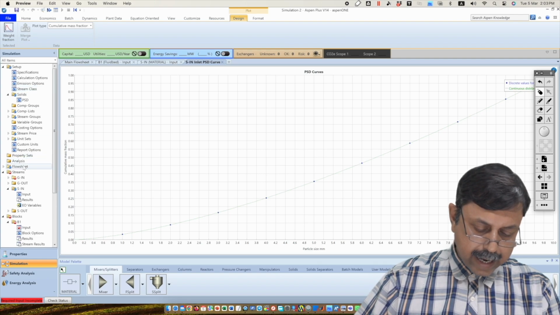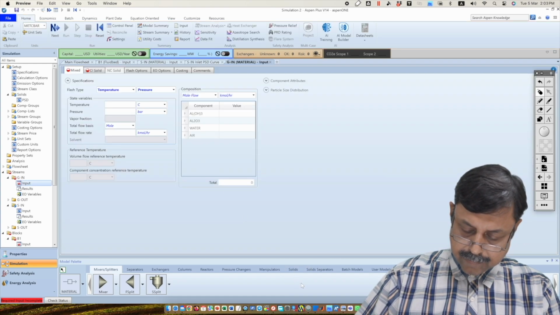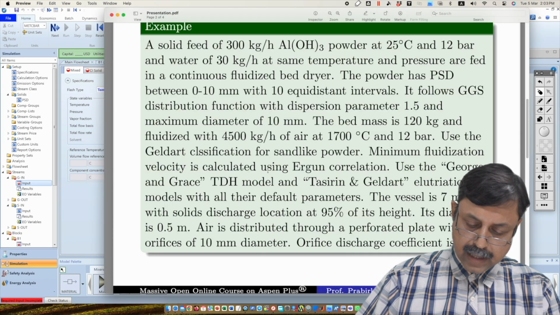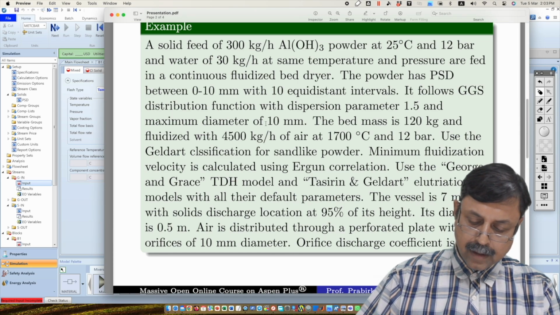Now go to the gas in. We have to give the gas information as well. So in gas, we have the fluidizing air, fluidized with 4,500 kg per hour of air at 1700 degrees centigrade and 12 bar pressure. So 1700, 12 bar, 4,500.